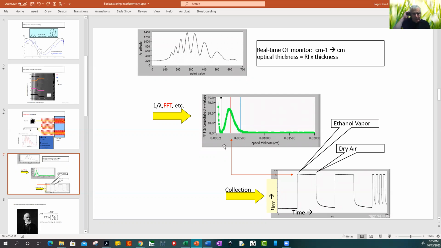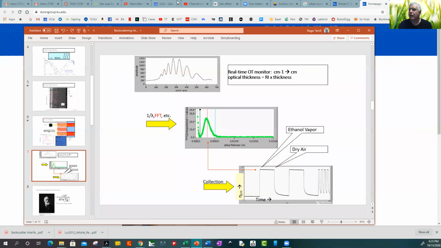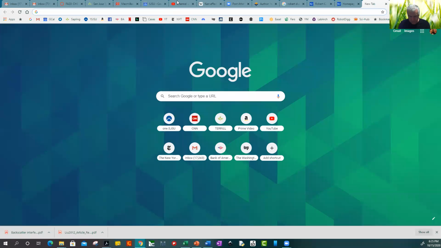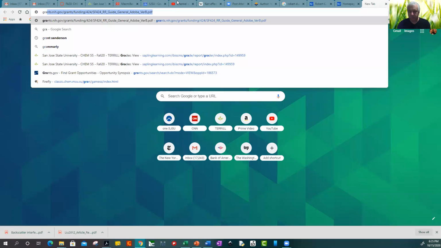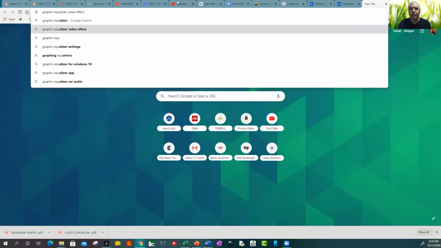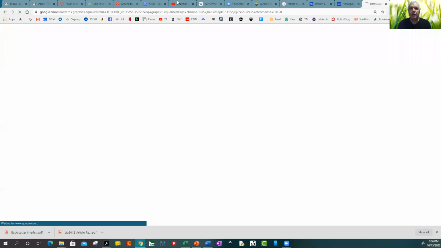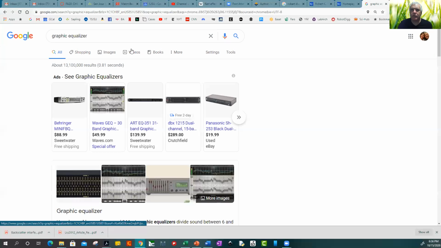So who here has seen a graphic equalizer on a stereo system? Well, let's look at videos.